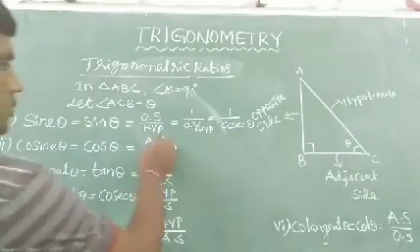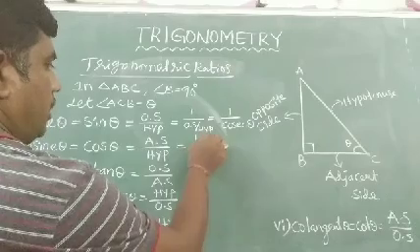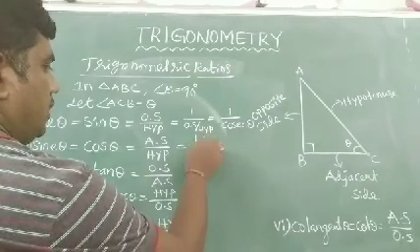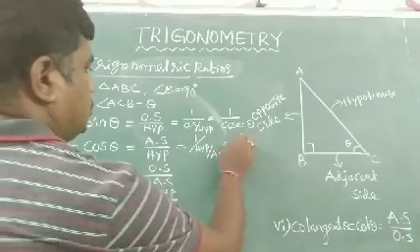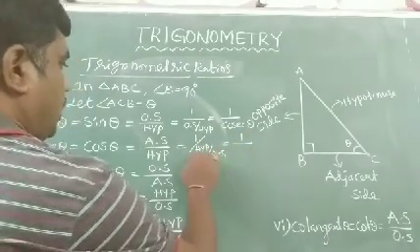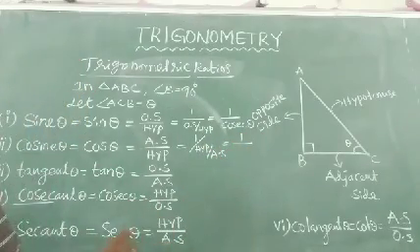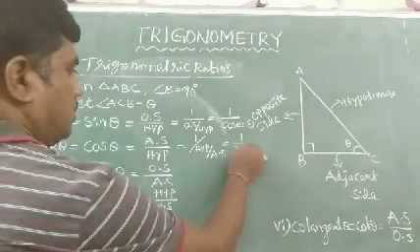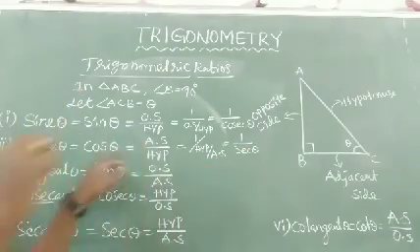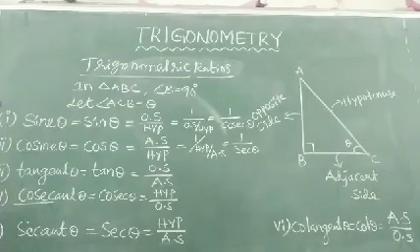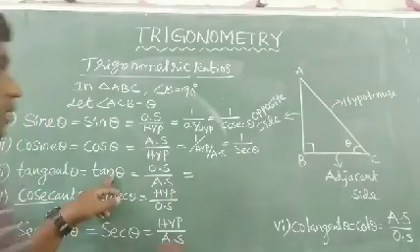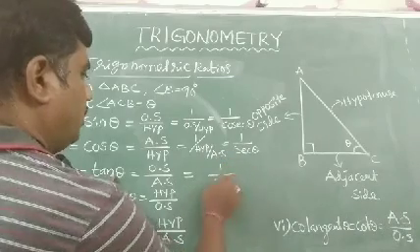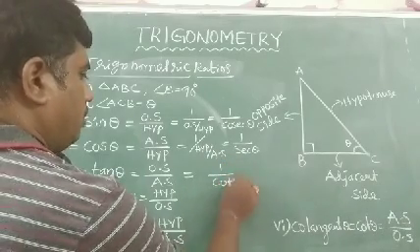Same like that, this value we can write as 1 by hypotenuse by adjacent side, that is equal to 1 by sec theta. That means cos theta equals 1 by sec theta. Same like that, tan theta is 1 by cot theta.